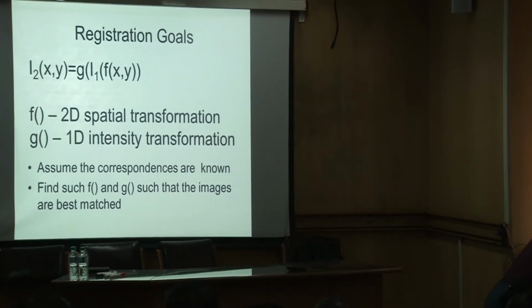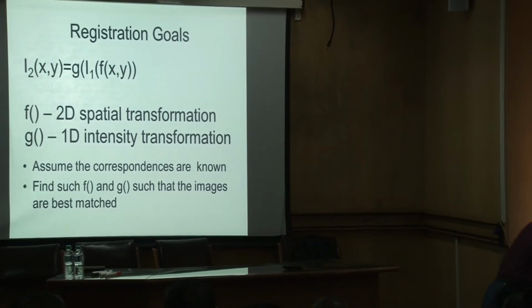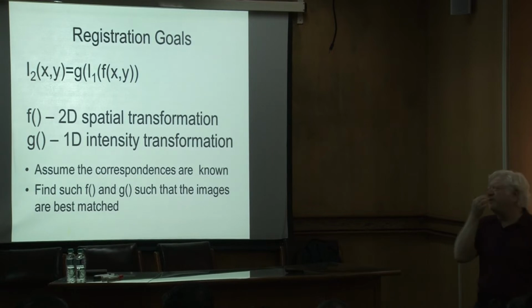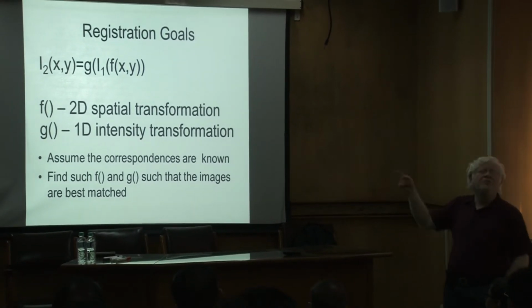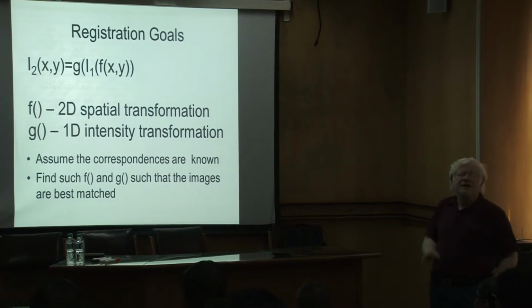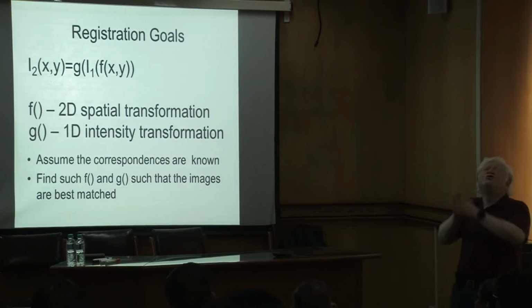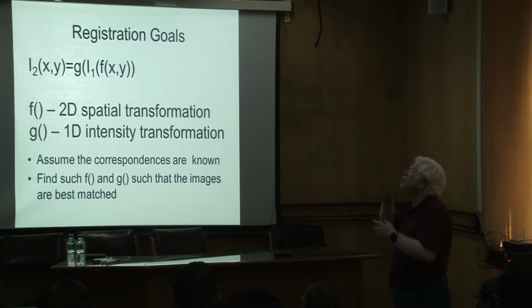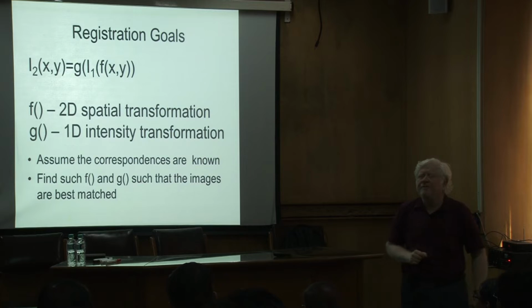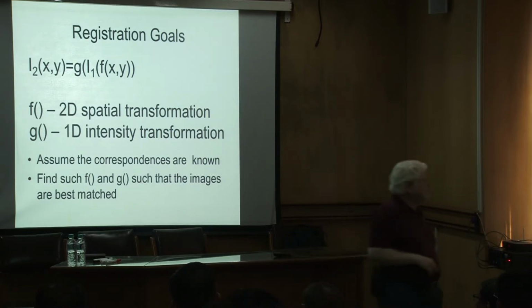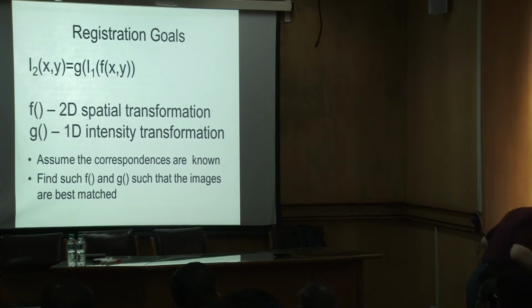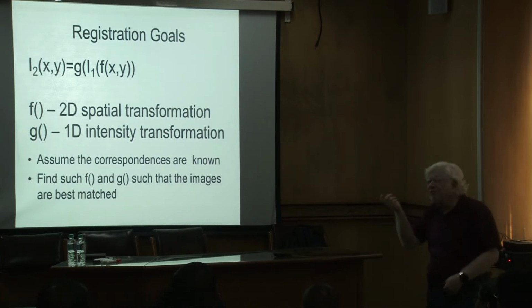I1 x y was the original frame. Now, I want to write the second image in terms of the first image. That requires me to shift the points in the first image using the function f, and also, with purely practical considerations in mind, probably change the value of the point, the brightness of that point.